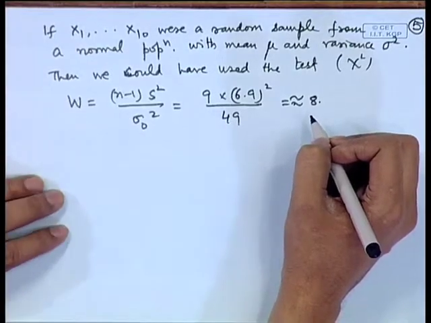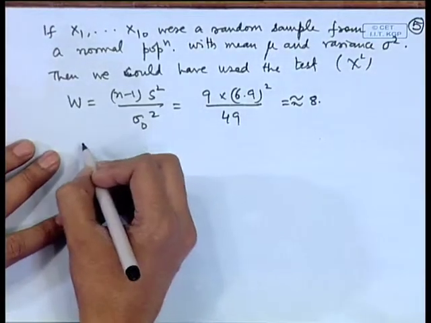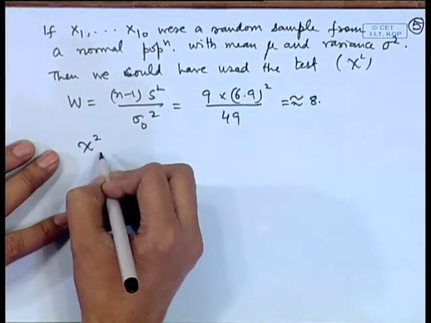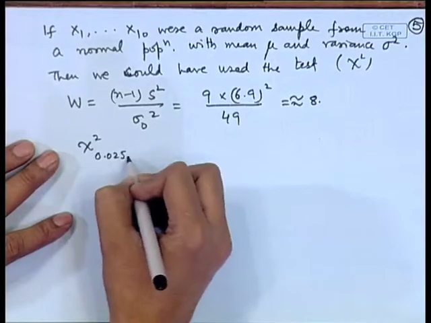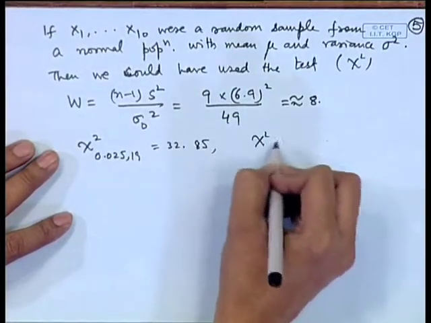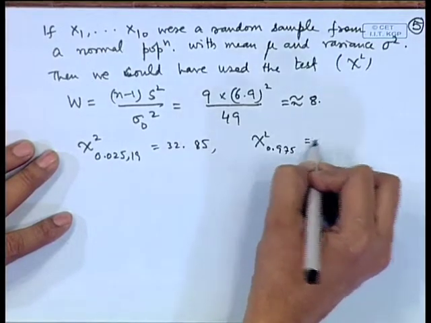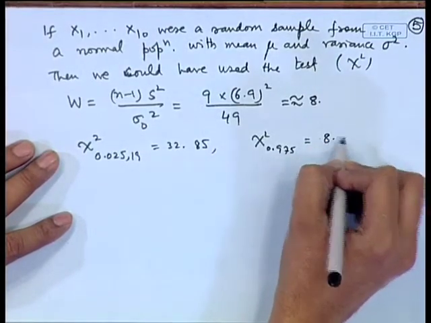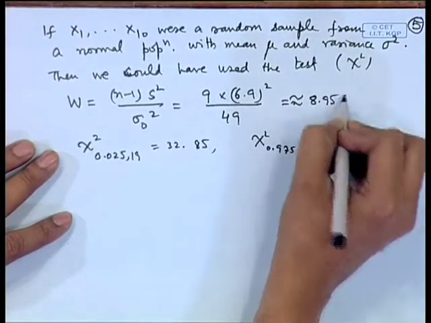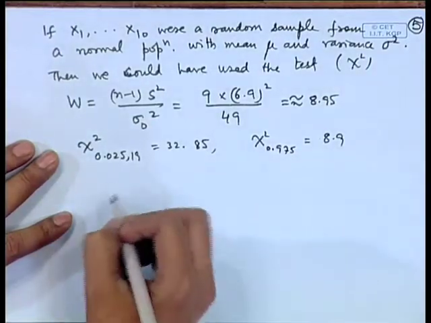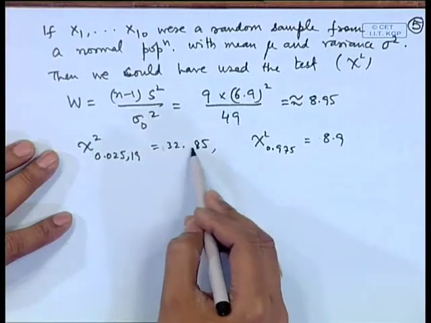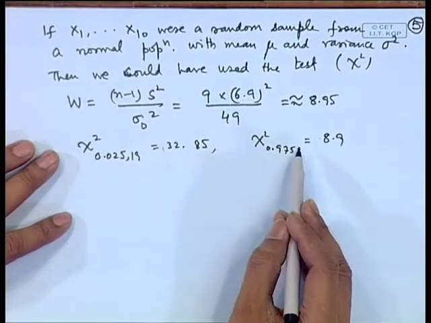If we see the chi-square values from the tables, chi-square 0.025 is 32.85, and chi-square 0.975 is 8 point something. So, we can see here that neither W greater than the upper value is satisfied nor W less than the lower value is satisfied.